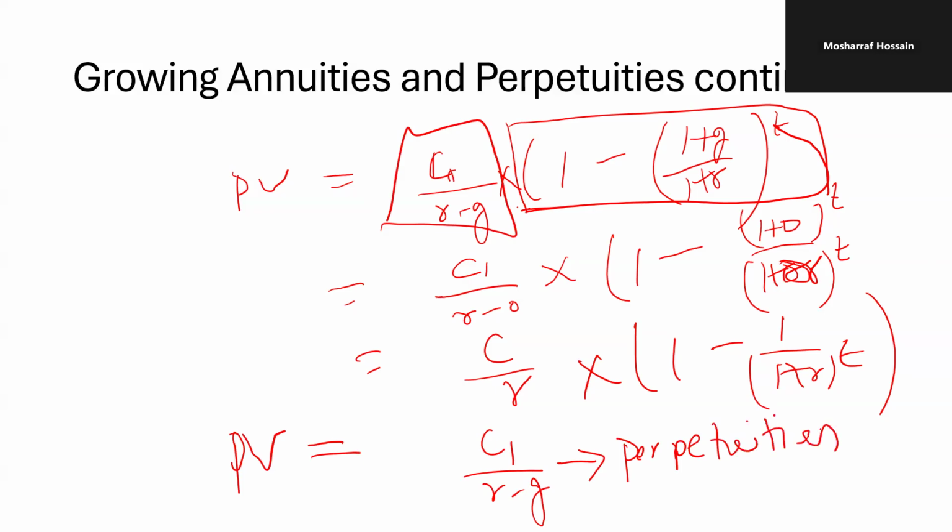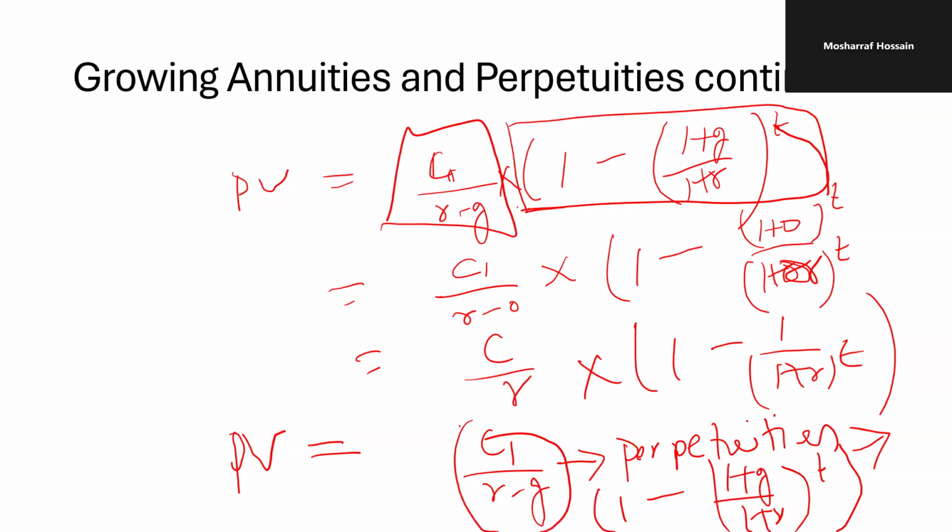The second half, which is 1 minus 1 plus G over 1 plus R to the power of T, is the adjustment for the number of known cash flows. So the value of T. The effect of the number of known cash flows on the present value, right?